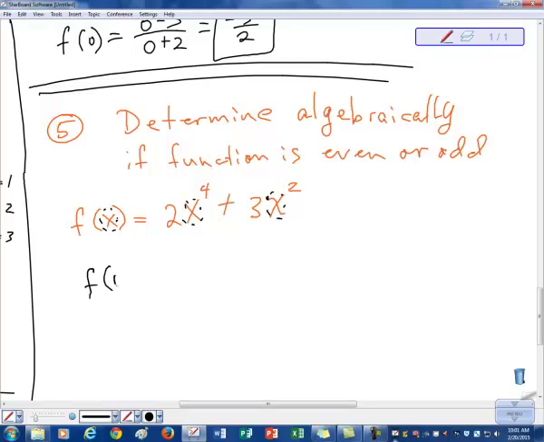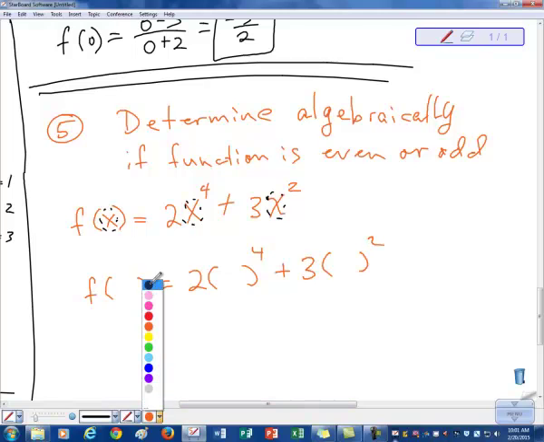And so this is f of negative x. Then we're going to substitute negative x in. Negative x, negative x, negative x. And so negative x to the 4th, that's like saying 2 times negative x times negative x times negative x times negative x.